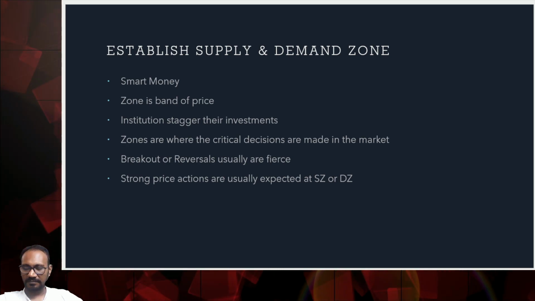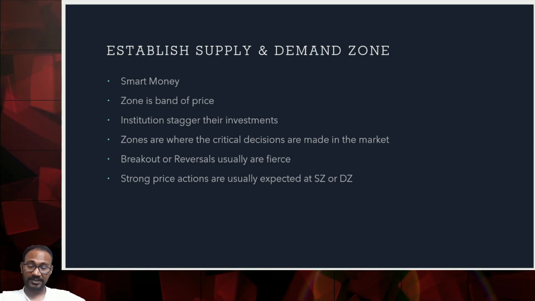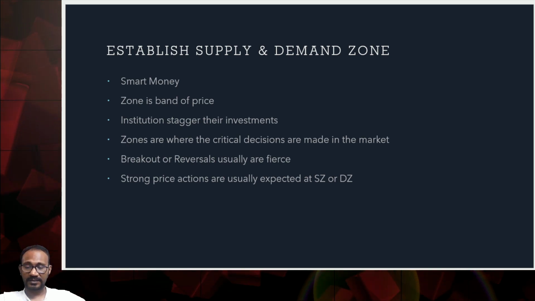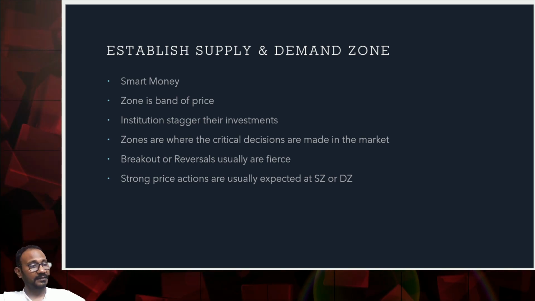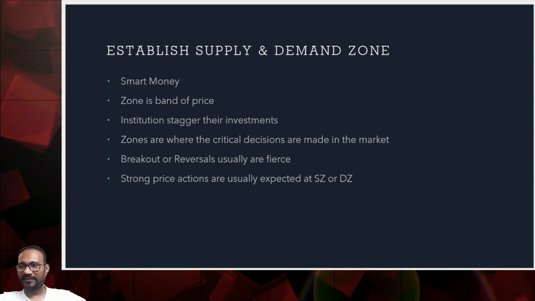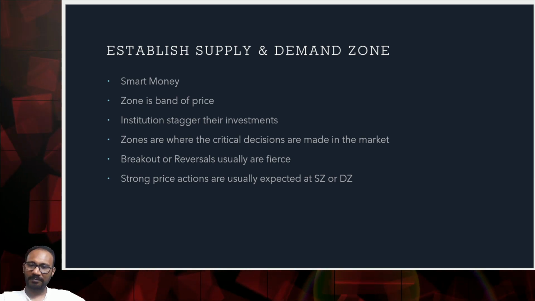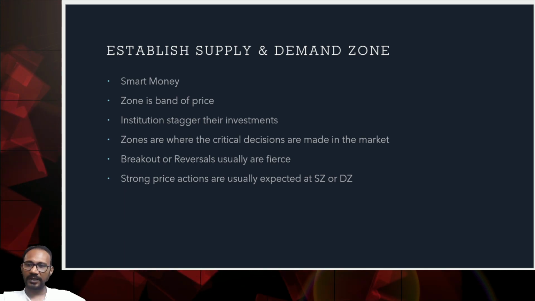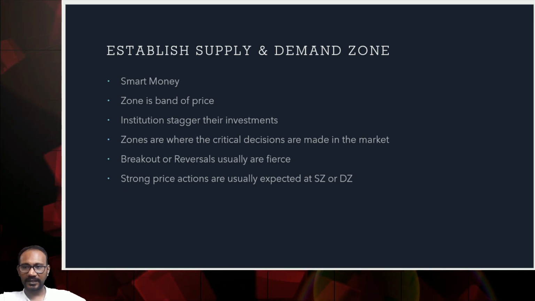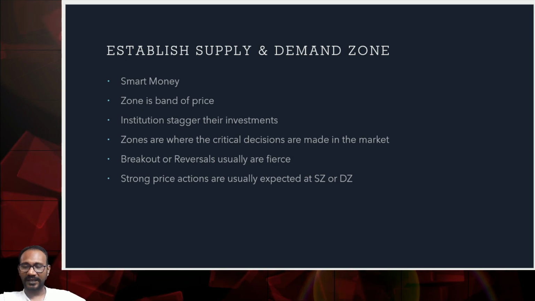Smart money means people with huge capital, financial institutions, foreign investors, FIIs, DIIs. These guys don't buy anywhere that they feel like. They will be entering into the market, buying extraordinarily huge quantities, and huge volumes will play when they enter in.